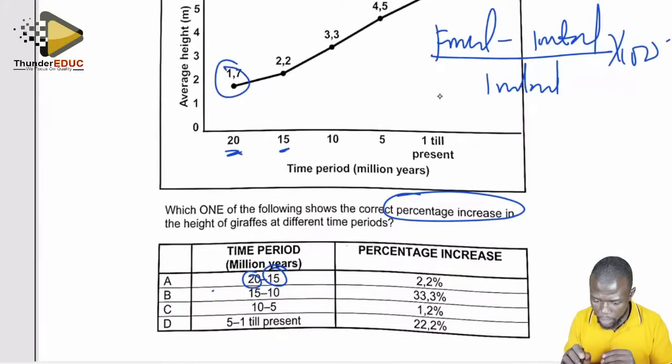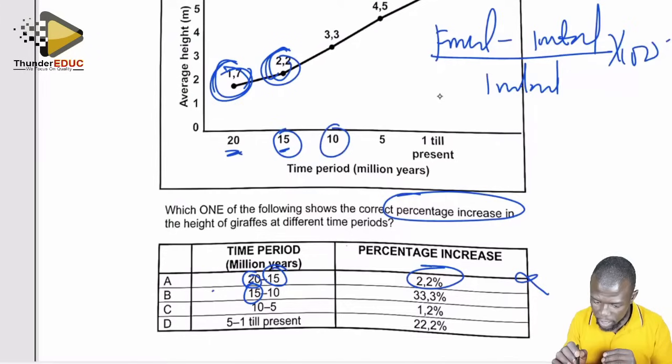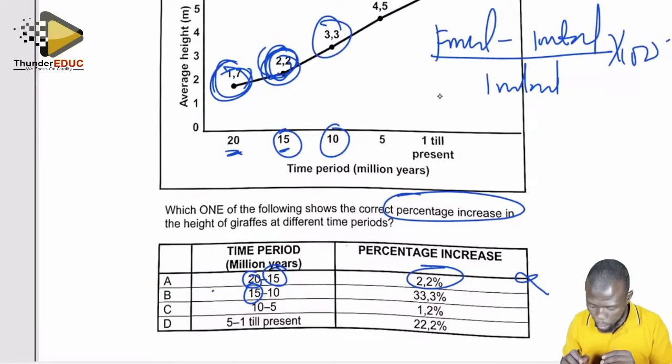So if you put this minus this, divide by this, times 100, do you get this out? B, 15 to 10, meaning that final, which is 3.3 minus 2.2 divided by 2.2 times 100, do you get this?